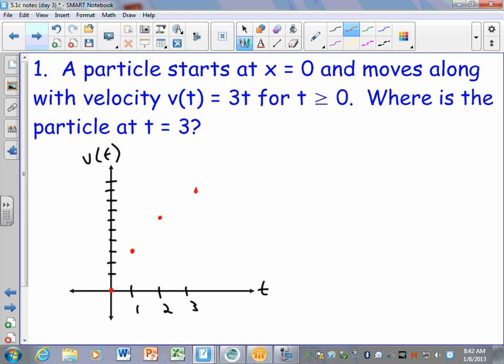The problem is this is not very straight here. Do you agree that that should be a straight line? 3t, right?